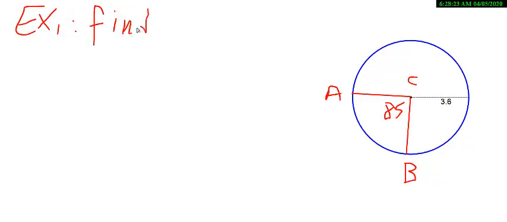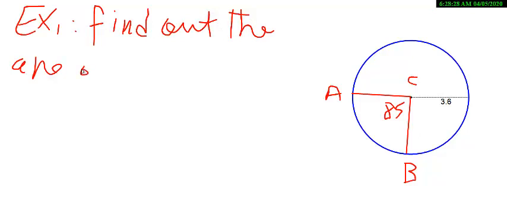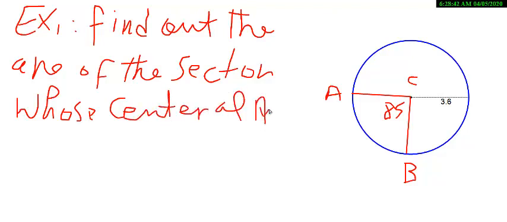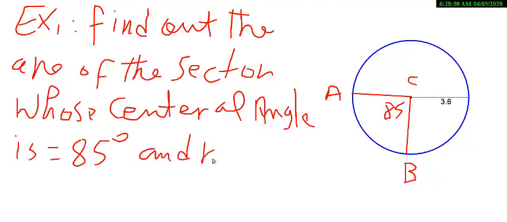Find out the area of the sector whose central angle is 85 degrees and the radius is 3.6 centimeters. How can I find out this?